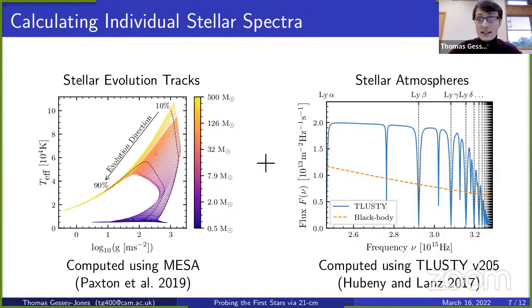This then produces a data set of Lyman band emission spectra for individual POP3 stars that we can integrate over in our semi-numerical simulations to find the population level for a given IMF.